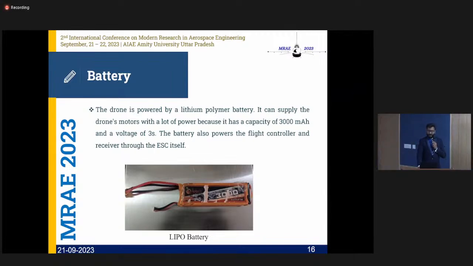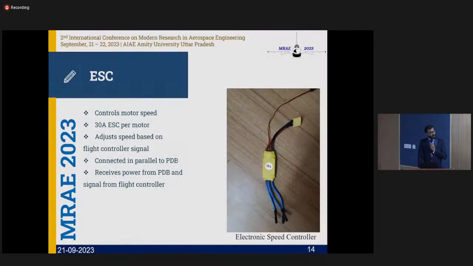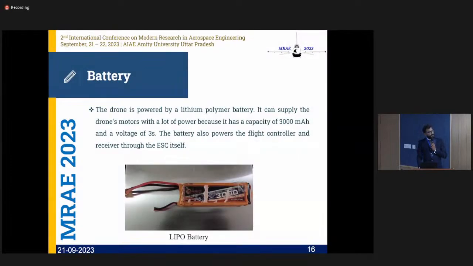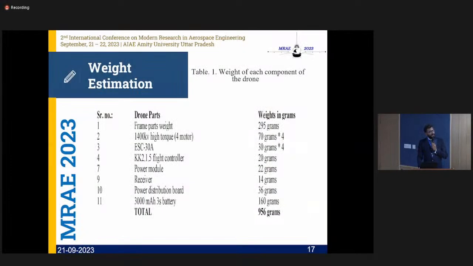In this case, we don't need any power module, whereas in the previous flight controllers we needed a separate power module because those flight controllers are a little bit advanced and need some power to power on. This flight controller takes the power directly from the ESC. It has the capacity to draw power from the ESC, and we distribute the ESC power from the battery. So it has that potential, that is KK 2.1.5.